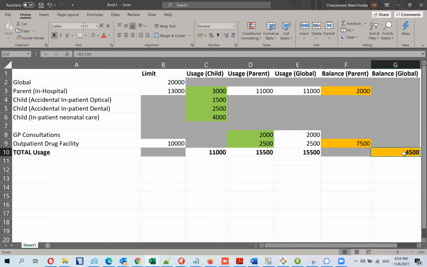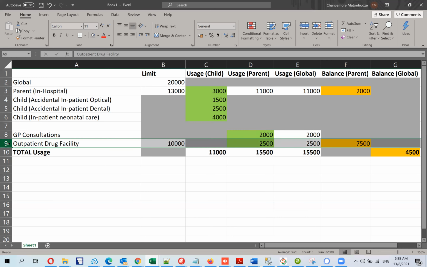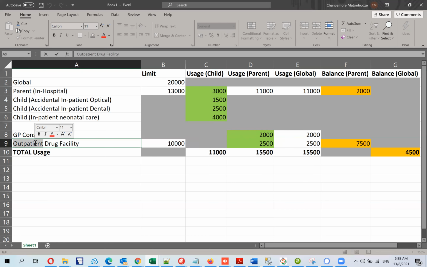Now, let's suppose this consultation also had some medications that were prescribed, and the medications are adding up to another, say it's another 2,500. So this knocks off from, actually, I think let's just call this drug facility in our very simple model, which caters for all drugs, inpatient, outpatient. We're trying to keep it simple here.